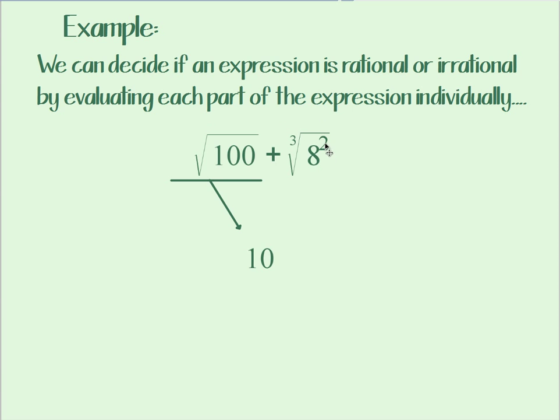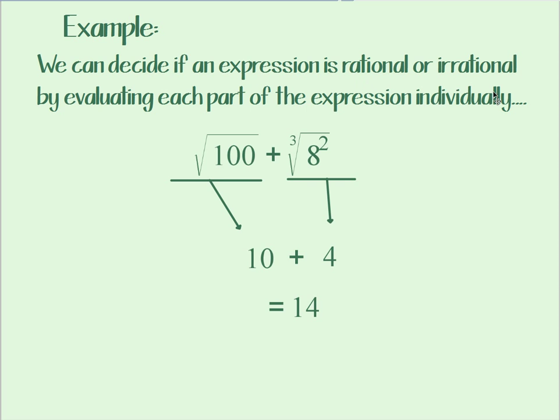Now I need to look at the other side, however. 8 to the second power, 8 times 8 is 64. I need to find the cubed root of that. When I put that in my calculator or look at my cube root chart, I see that that's equal to 4. In the middle, this says it's asking me to add those numbers together, and I get a total of 14.